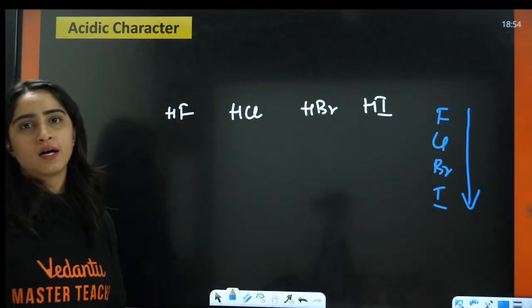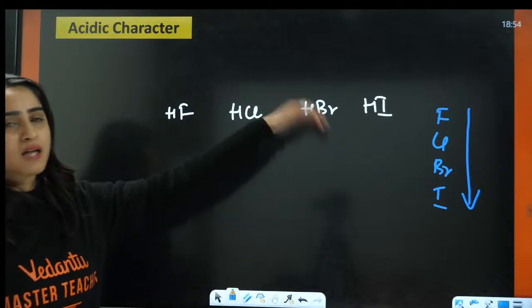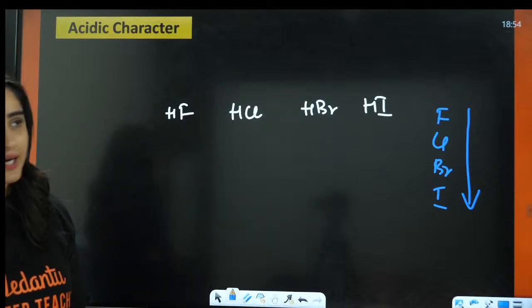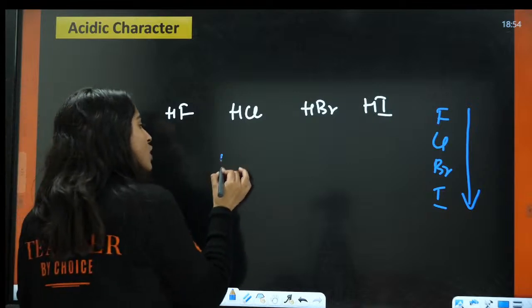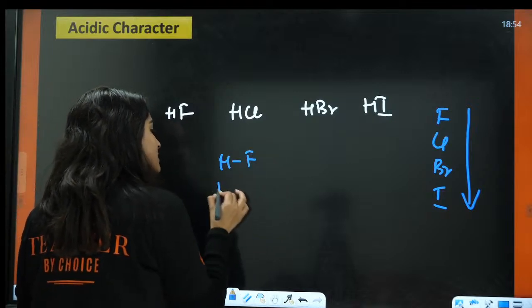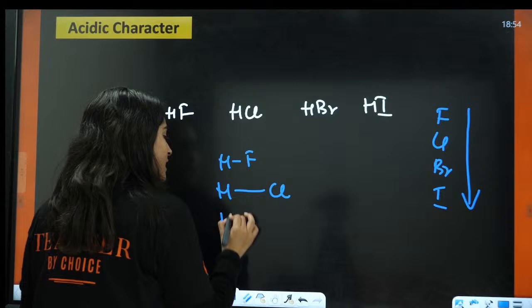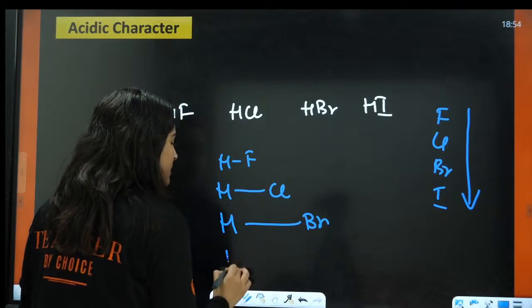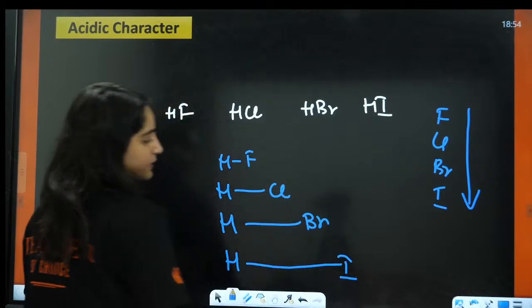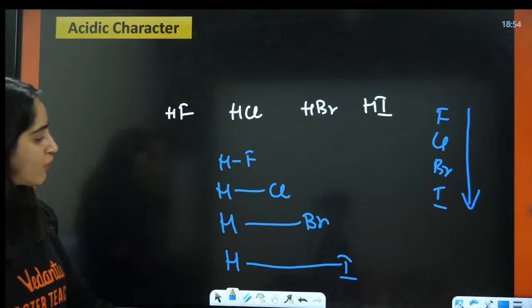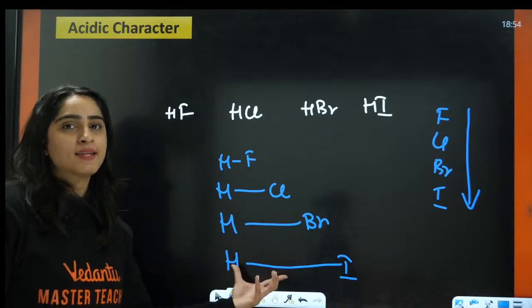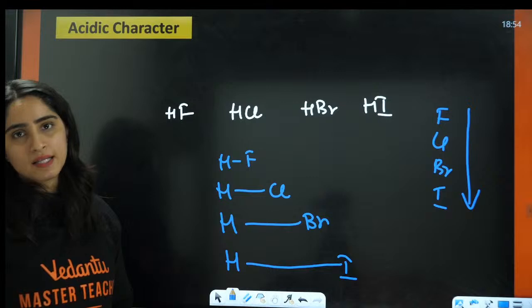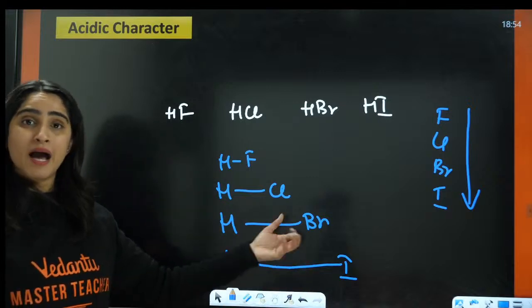The size down the group increases, right? So this is HF, this is HCl, this is HBr, and this is HI. Now, for HI, the bond length is maximum among these, because iodine has the maximum size.